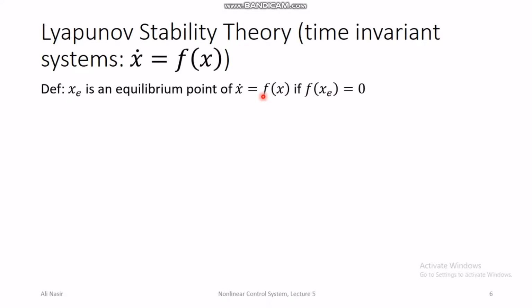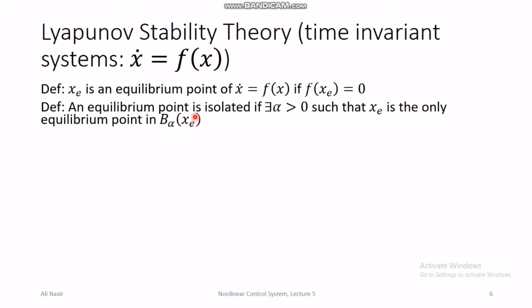You can call f of x the dynamics of x, and you can also call the equilibrium point a point at which, if the initial condition of this differential equation is xe, then the solution x of t for all time will be equal to xe. So the solution will be just a constant value. This is the equilibrium point. It is also called critical point or static point, but in control systems theory we just call it equilibrium point.